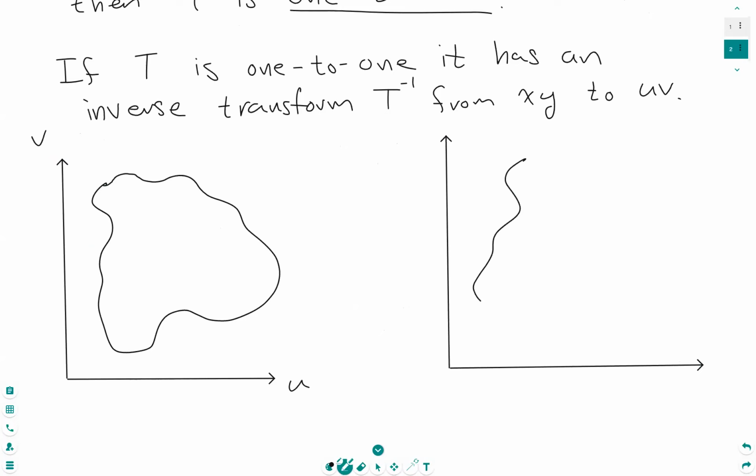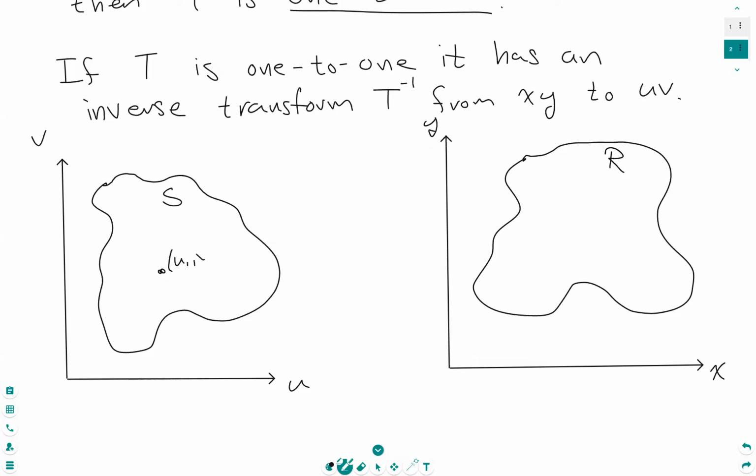Maybe this object doesn't look necessarily the same, but it's still some coherent object, and now this is XY space. So now I have maybe some region S, and I have some region R. And I've got some point here, U1, V1, and maybe I have some point here, that's X1, Y1.